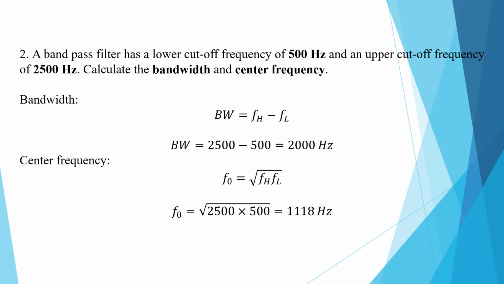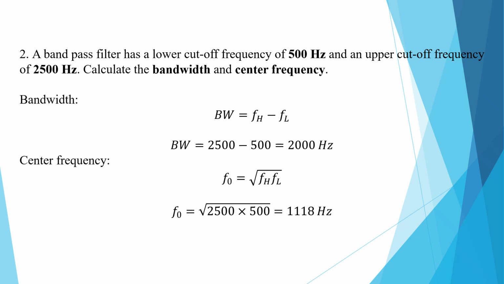Next problem is based on the bandpass filter. A bandpass filter has a lower cutoff frequency of 500 Hz and an upper cutoff frequency of 2500 Hz. Calculate the bandwidth and center frequency. The bandwidth is given as fH minus fL.